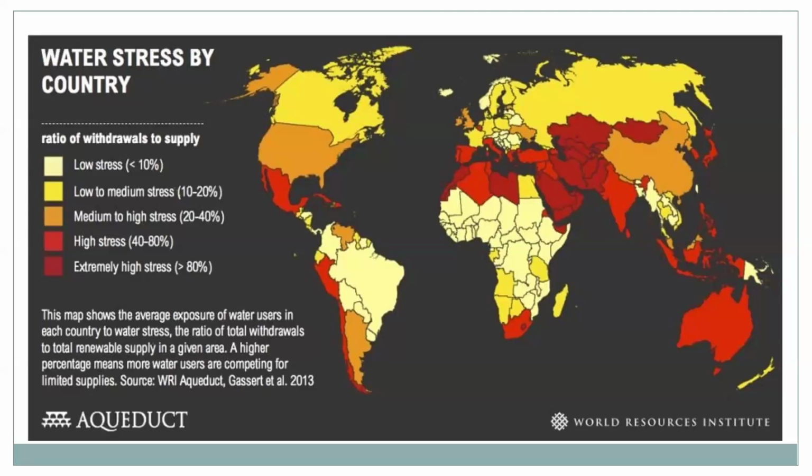This is the map showing water stress. Water stress is when the availability of water annually is below 1600 cubic meters per head per annum.